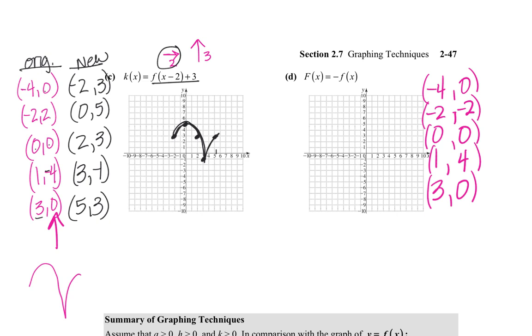So now we got -4, 0. We got -2, -2. We got 0, 0. We got 1, 4. And we got 3, 0. So all you did was flip it upside down. So this is a reflection over the x-axis.